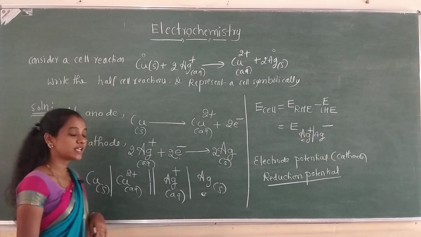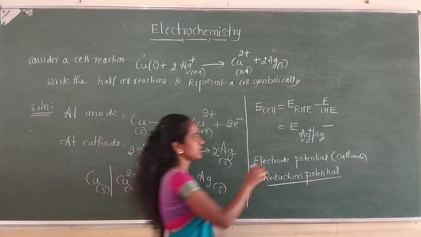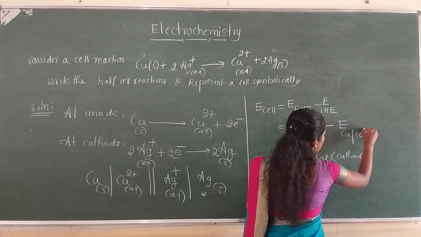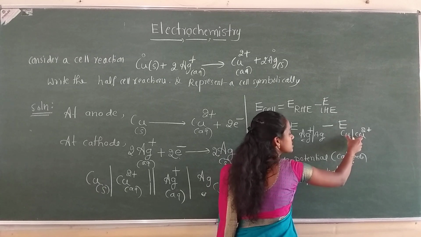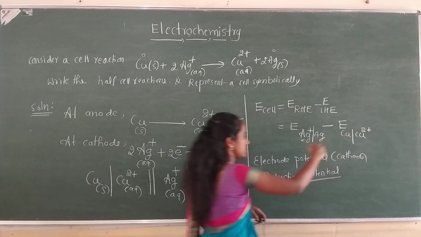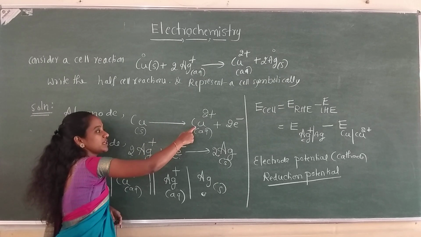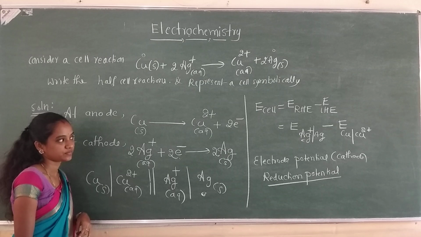The left hand electrode is the negative electrode, right? That is the copper electrode. We can write like this, the electrode potential of the copper electrode. So, I have written Cu first. If you write like this, that means the process is oxidation here. See here, this is copper undergoing oxidation to form the Cu2+ ion.